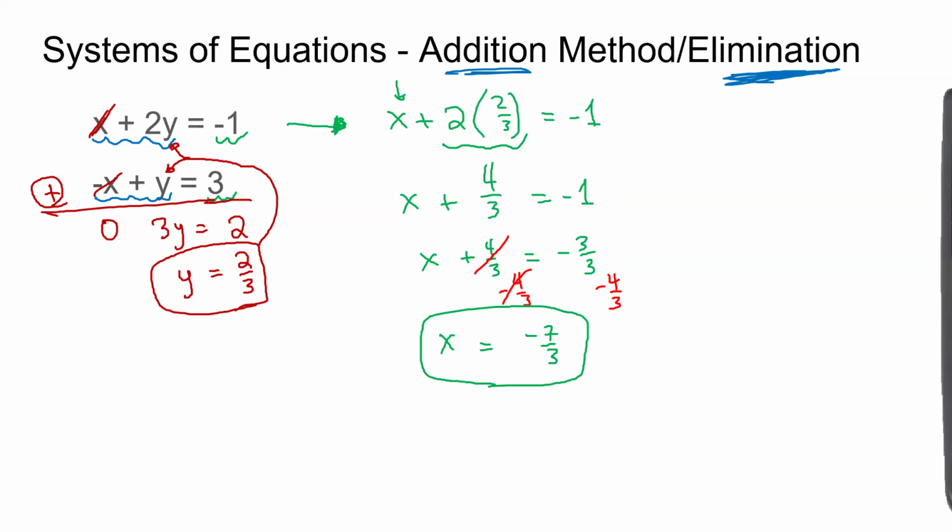That one got a little bit messy with the fractions. Sometimes that happens. So, substitution might sometimes be a better option. Addition might sometimes be a better option. It's just nice having a bag of tricks and you can pull out whichever one you need. Sometimes one's better, sometimes the other. It's up to you. But watch for that one.